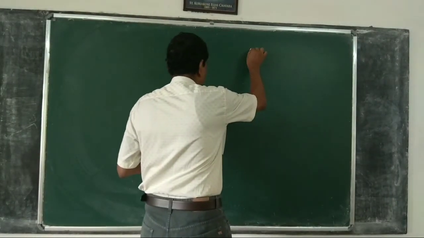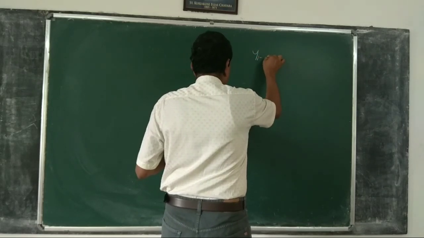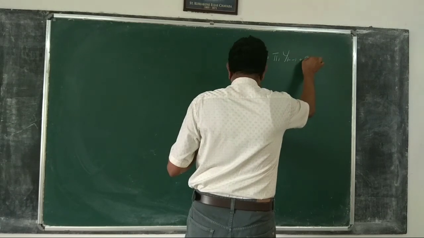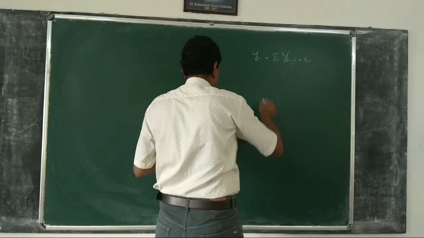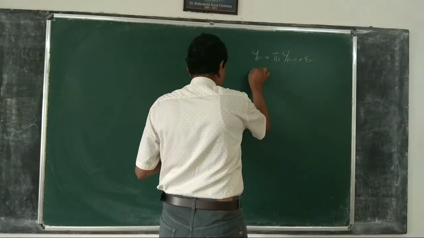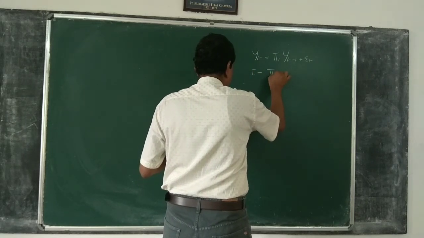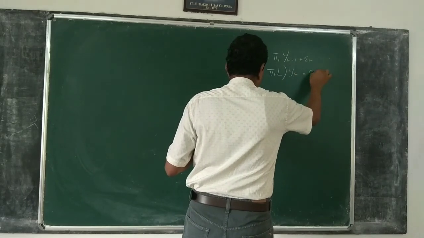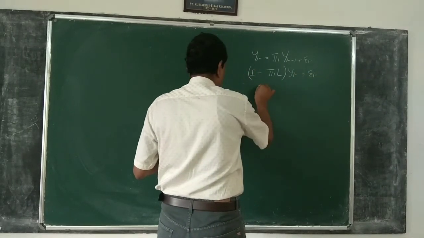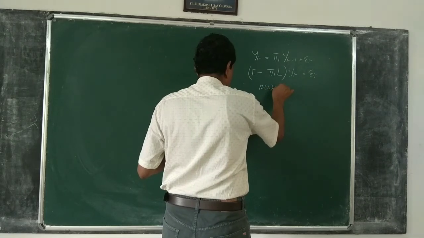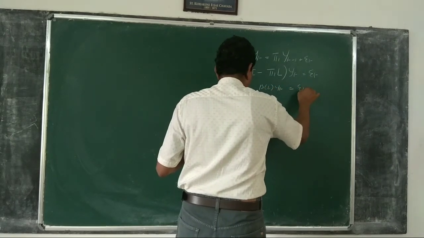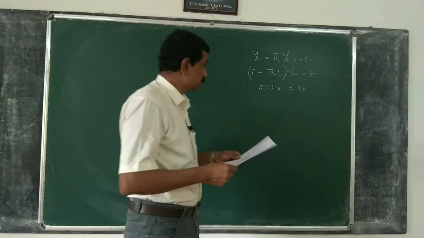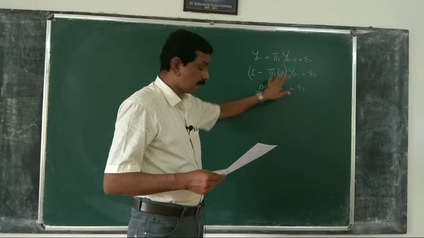The first order VAR was written as yt is equal to pi1 yt minus 1 plus epsilon t, or (I minus pi1 L) yt is equal to epsilon t, or A(L) yt is epsilon t, where A(L) is I minus pi1 L, known as the matrix lag polynomial.